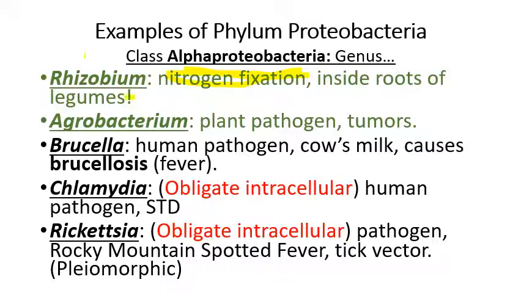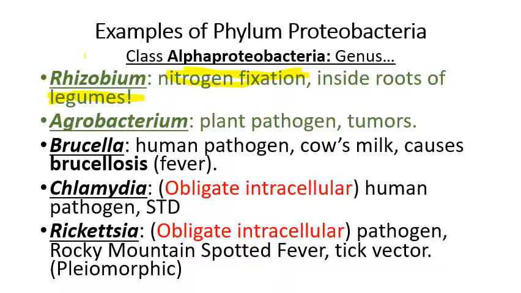Legumes are a kind of a bean-like vegetable. You can look up legumes. Certain plants are classified as legumes, and they make these kind of bean-like structures. And so the legumes have roots, and within the roots they have little bulges called nodules, root nodules. And within the bulges, within the root nodules, you will find rhizobium bacteria.